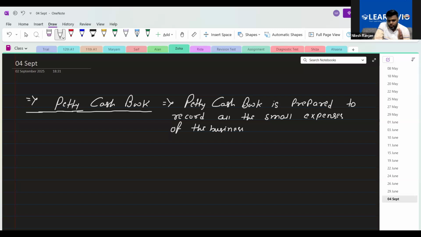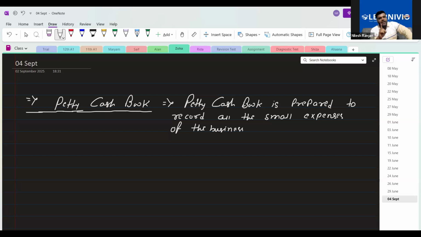So what we do is that the small expenses, 50 rupees, 100 rupees, we do not record separately in the books. We prepare a separate book called the petty cash book, and we record all the small expenses of a month in it. At the end of the month, we calculate the total value and then record it in the cash book together.